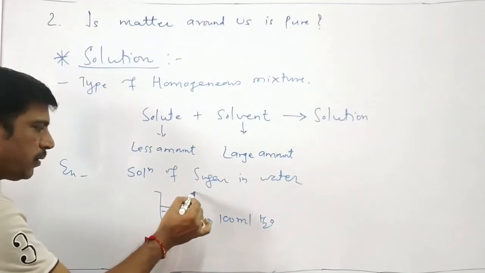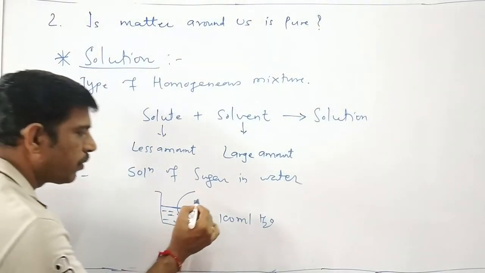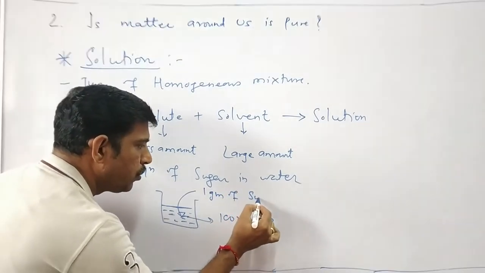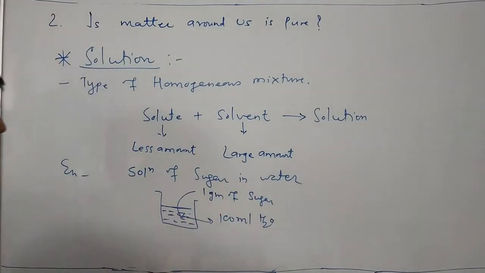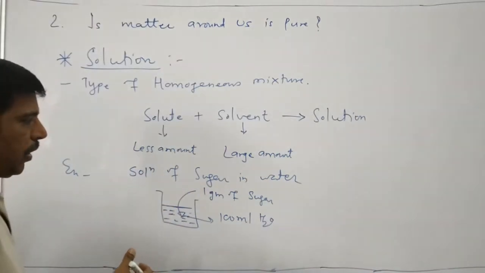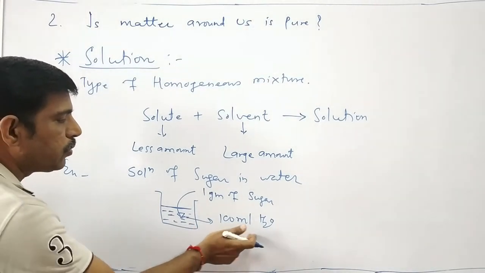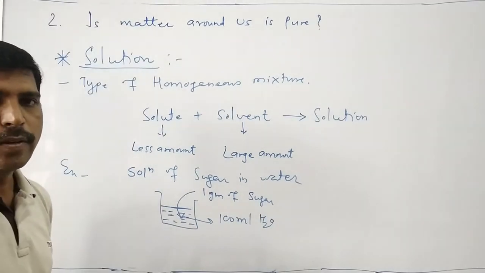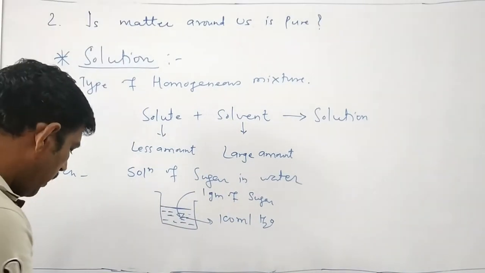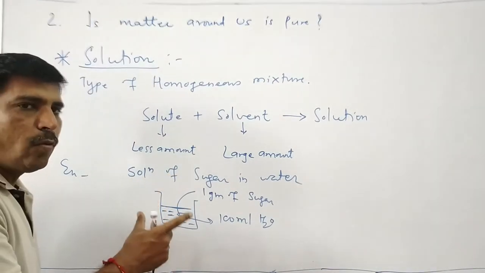Then I pour 1 gram of sugar. Then I will completely mix it. After some time I will not see the sugar particles because they mix together with water. They dissolve in water. And after that you will get a clear, only one phase.